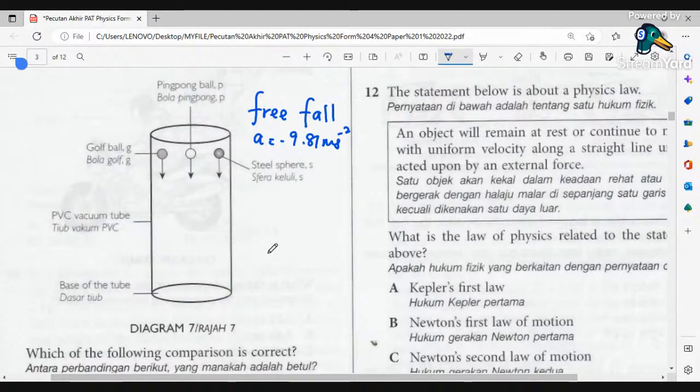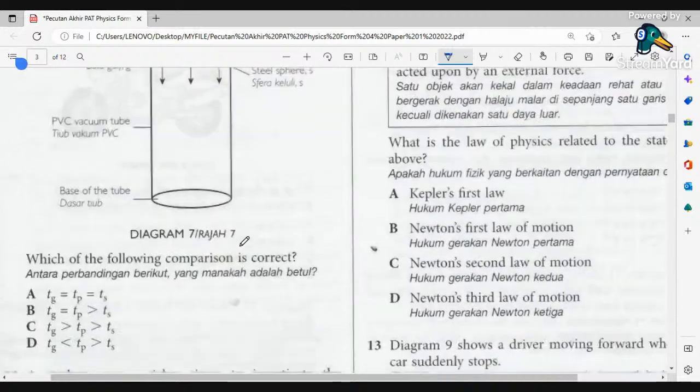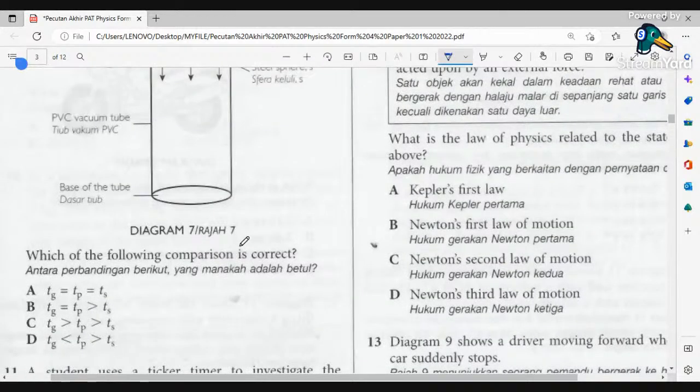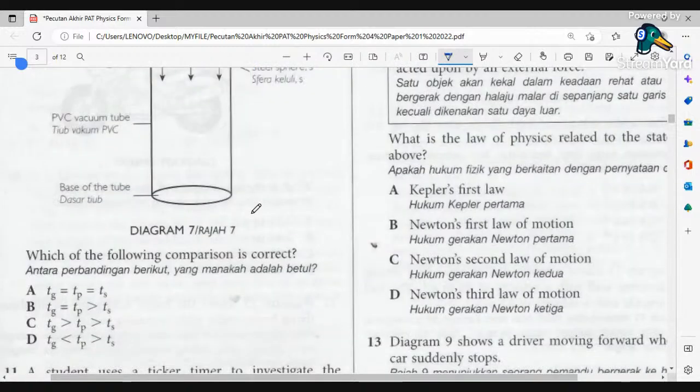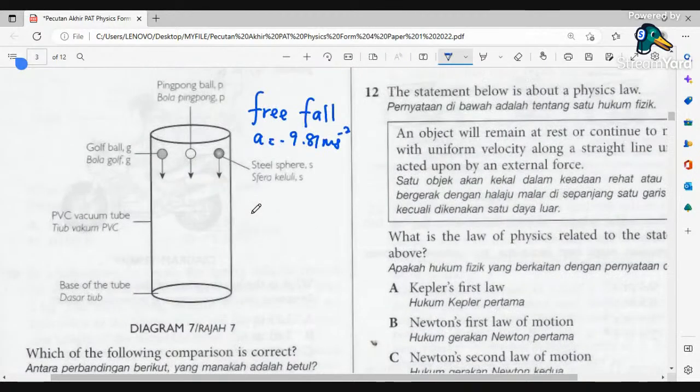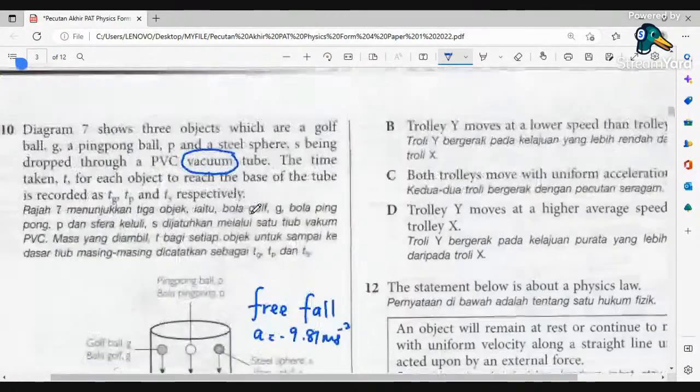Okay, so what we can say about the relationship between the time taken? So the time taken should be the same. They have same acceleration, they drop at the same height, same initial velocity, which is 0, means in the end they will reach the base at the same time. Okay, so answer should be A.